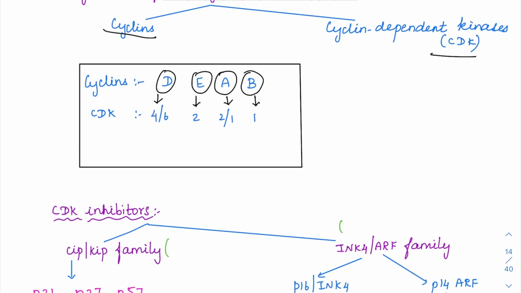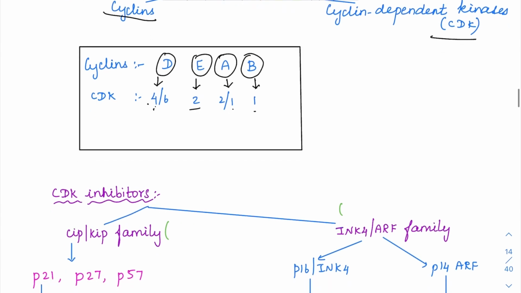So if you write it like this, you will be able to remember DEAB for the cyclins. Then the first and third have two numbers: 4, 6, then minus 2 will be 2, and then again 2 and 1, then minus 1 you have 1. So 4, 6, 2, 2, 1 and 1. So write it in this order so that you don't get confused.